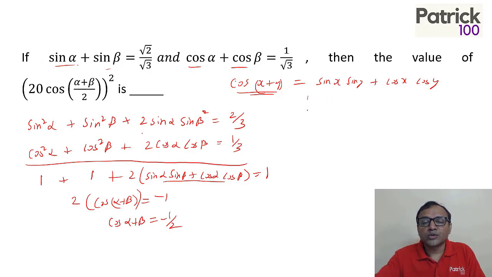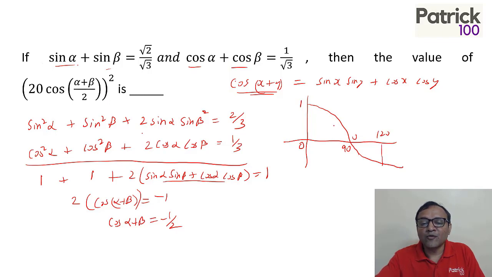If you know the cosine curve, if you know the values of cosine, at 0 degree the value of cos is 1, at 90 degree the value of cos is 0, and at 120 degree the value of cosine is same as 60 degree, only with reverse sign. So if this is half here, this will be minus half here.